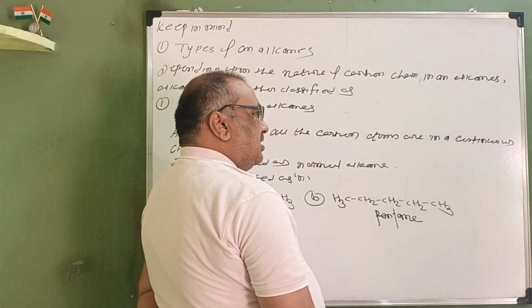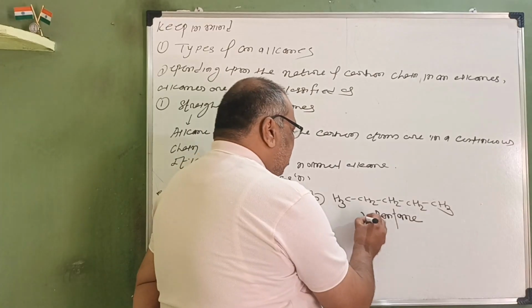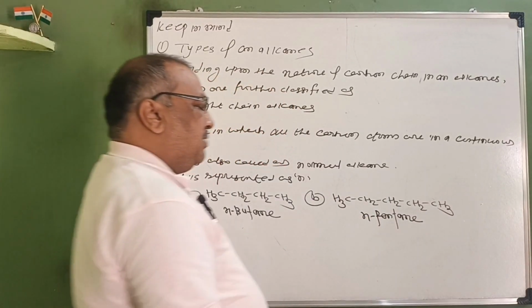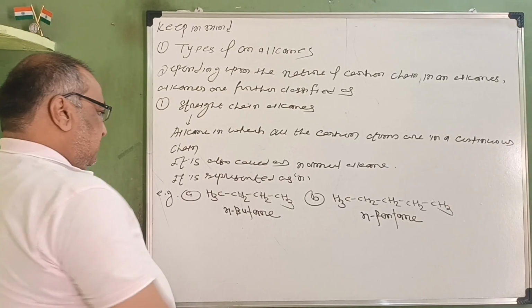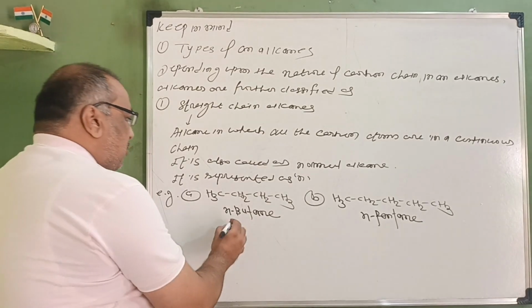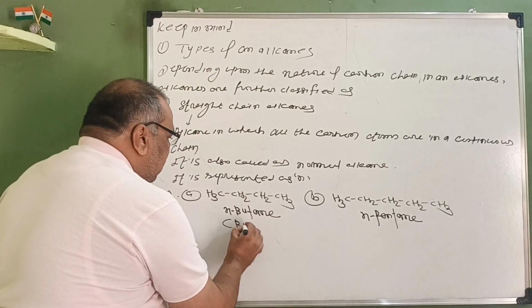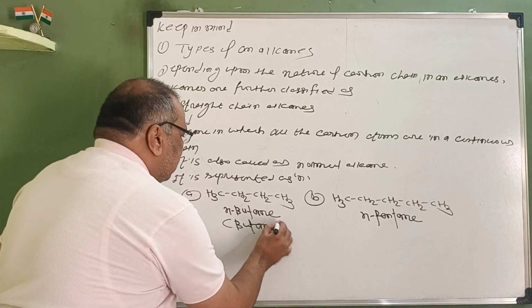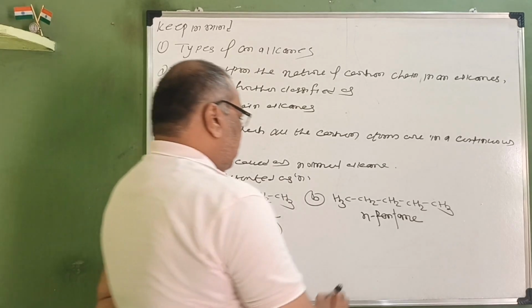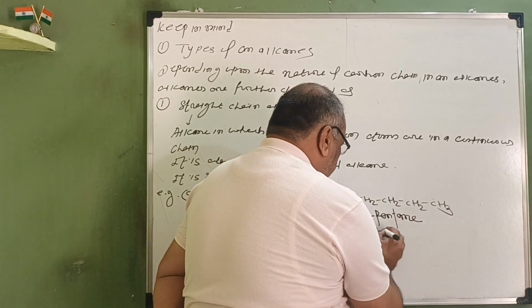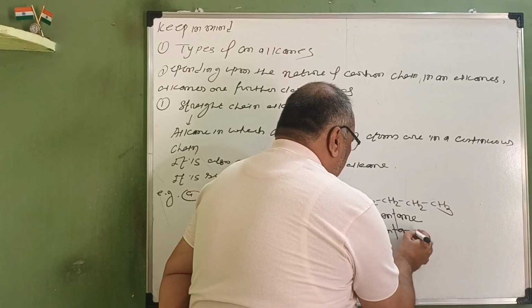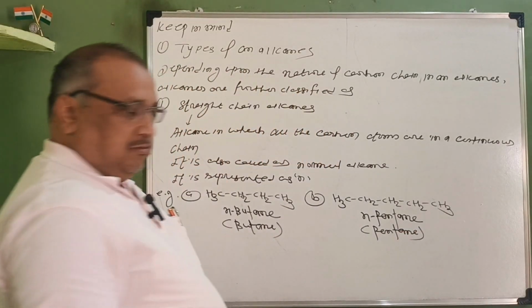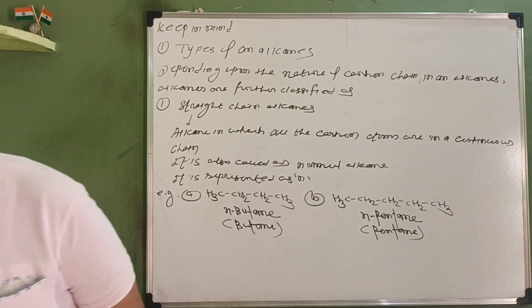But here all the carbon atoms are in a continuous chain, so apply the prefix n. Now here n-butane is the common name, but what is the IUPAC name of this? Only butane. And here write down only pentane.